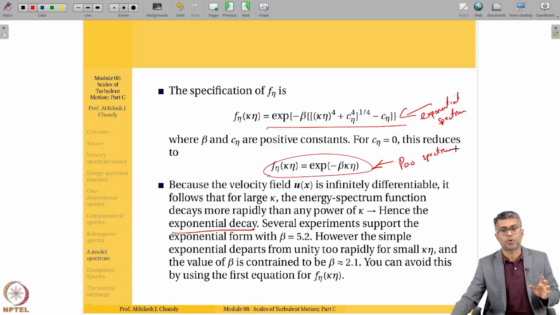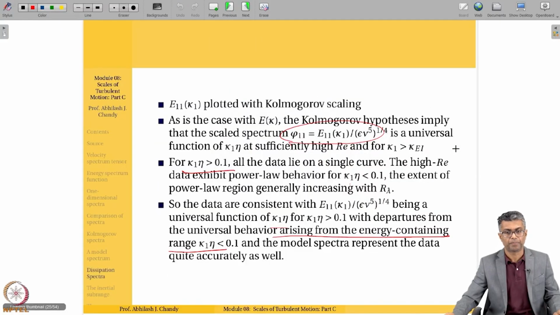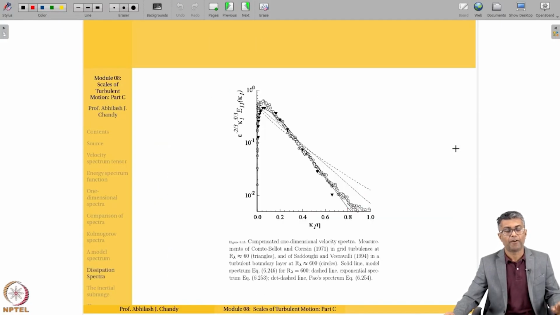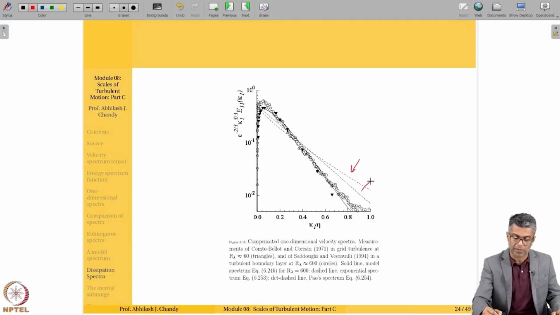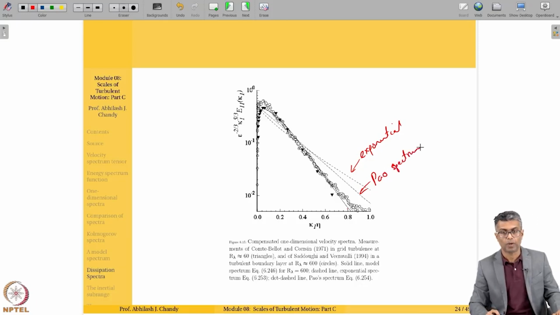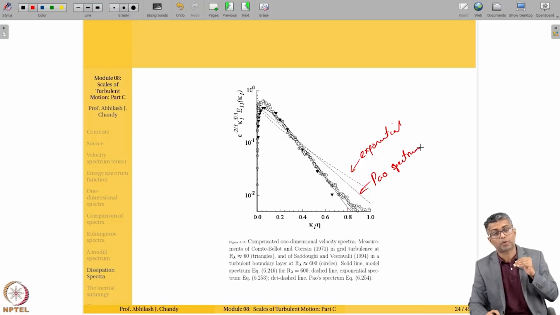So these two cases are shown here for the model spectrum. And as you can see, on a linear log scale, they are going to be lines, isn't it? This is your exponential spectrum and this is your power spectrum. That is just the exponential spectrum and power spectrum shown there, nothing else.